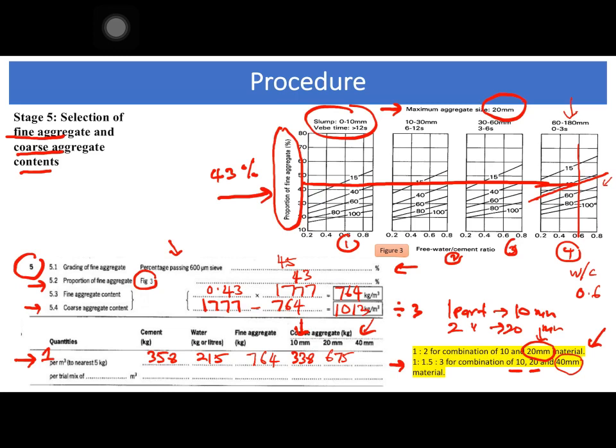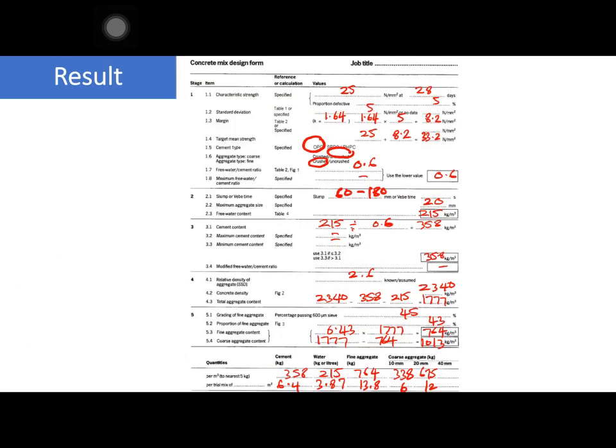So here for the trial mix, what is the volume? Here is the result of the concrete mix design based on the mix requirement. Right. So now, let's say here this is the actual amount for the trial mix. So you need to calculate what is the volume of the specimen.